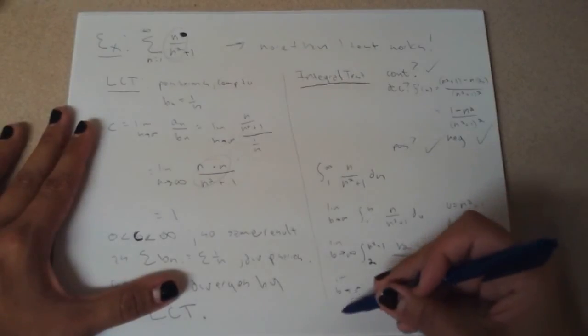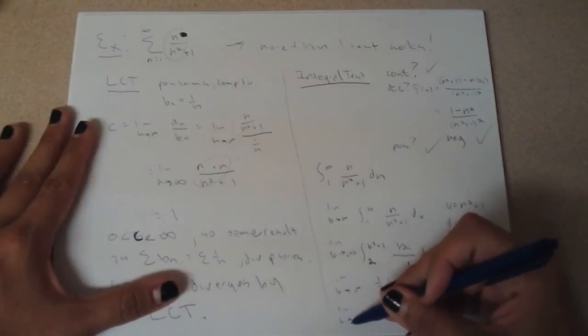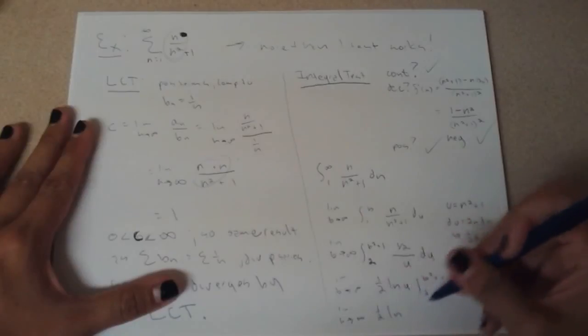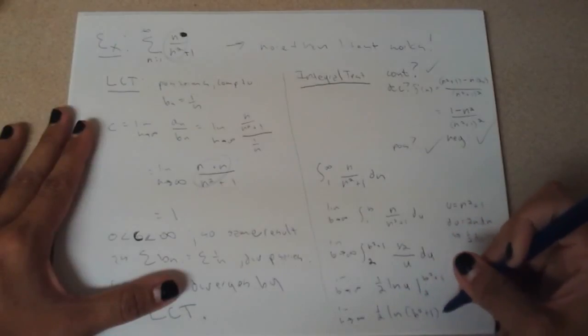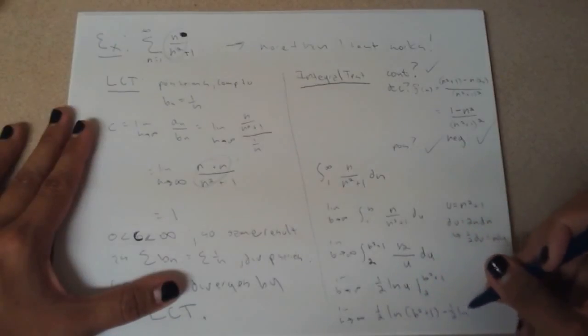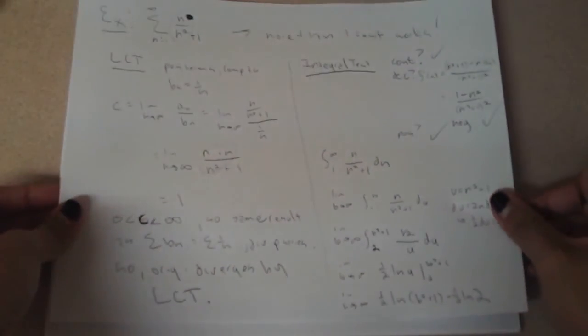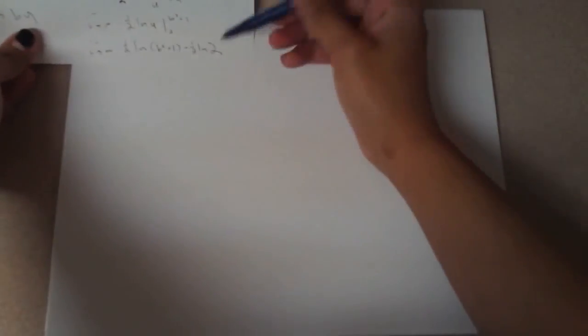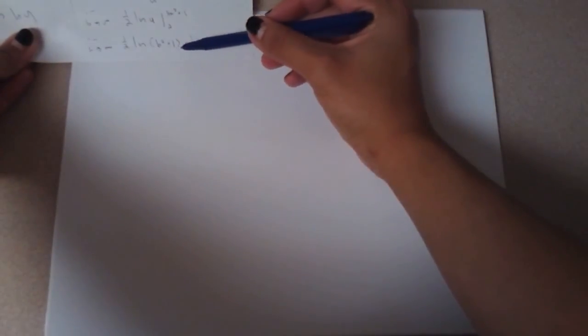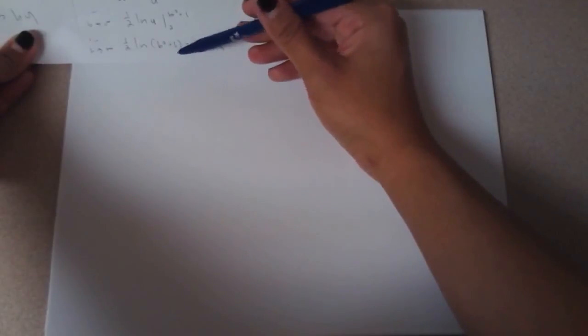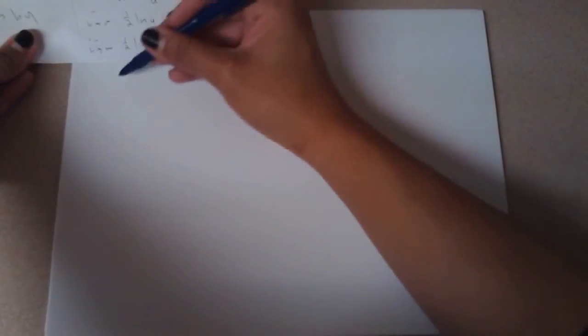And basically, if I try and take my limit here, we plug in the top value first. 1/2 natural log of b squared plus 1 minus 1/2 natural log of 2. Notice, I kind of have to carry this over to another page. This 1/2 natural log b squared plus 1, this is going to go to infinity, right?